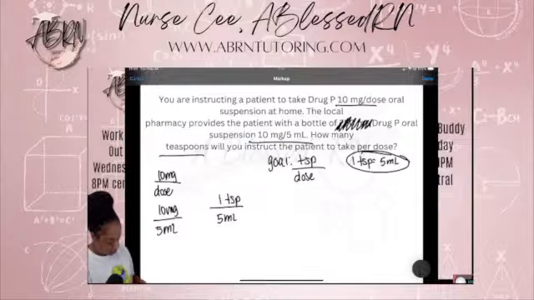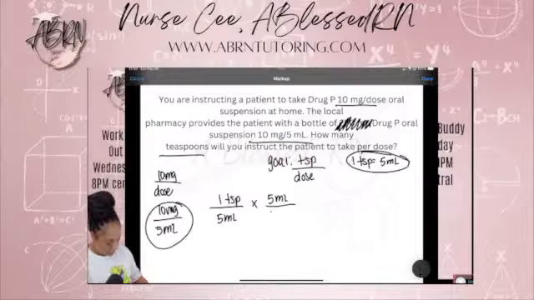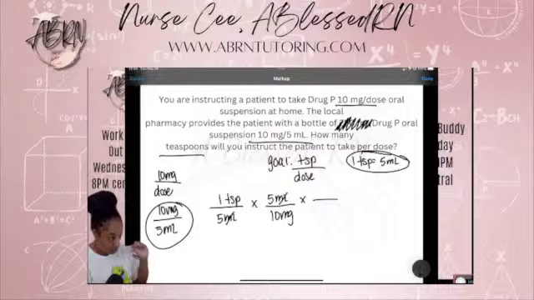So next we want to get our puzzle piece that has the milliliters in it, right? Because our milliliters are at the bottom, we got to have that at the top to cancel it out. So we'll do 5 mLs per 10 mgs. Milliliters cross out, and now we got milligrams at the bottom. We need milligrams at the top. 10 milligrams per dose.